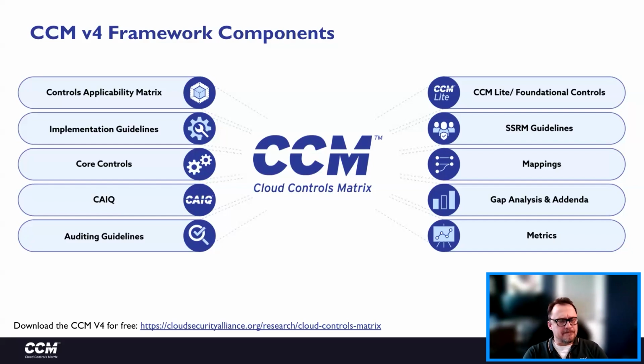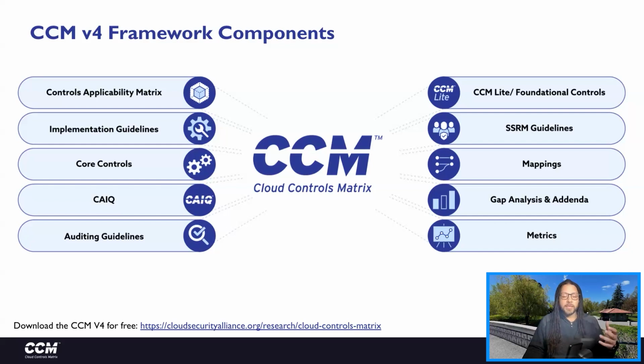Adam? And part of version 4, one of the updates I liked was the documents became a little bit easier to handle, because in the same spreadsheet that has the CCM, you've got the cake in another tab. You've also got the implementation guidelines.